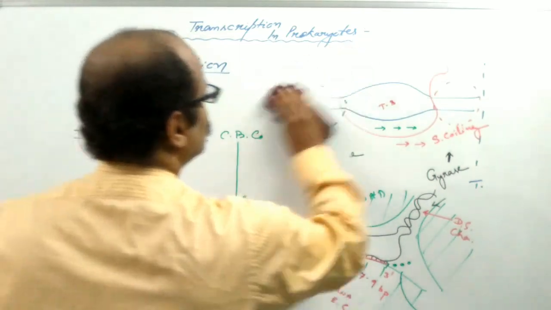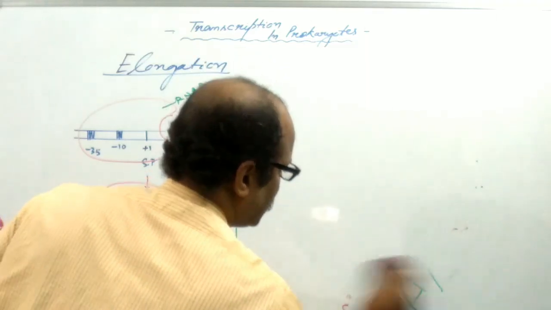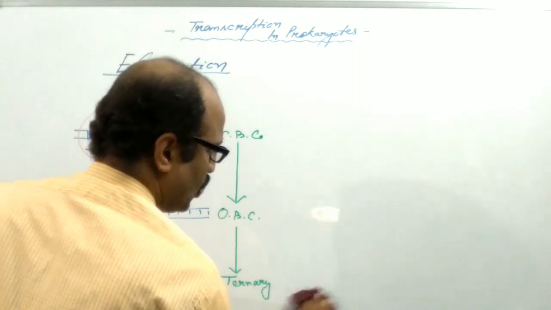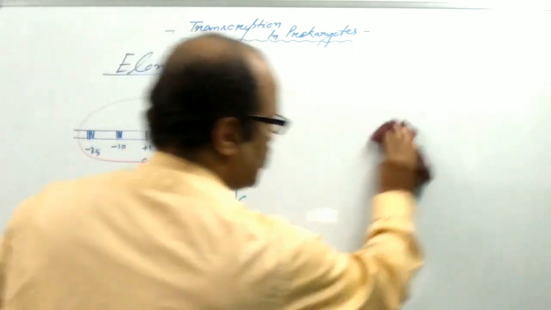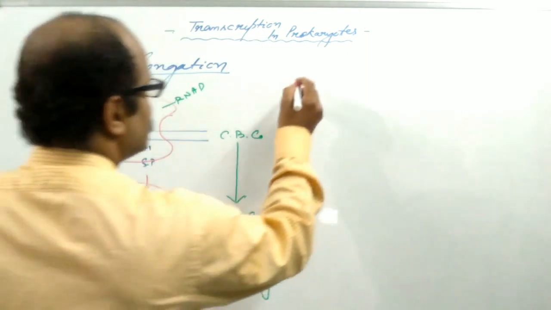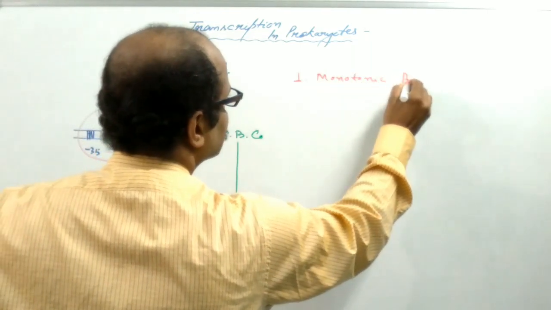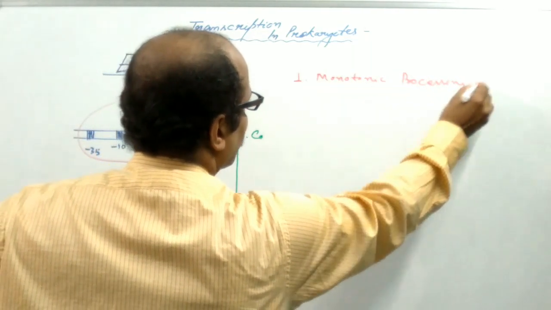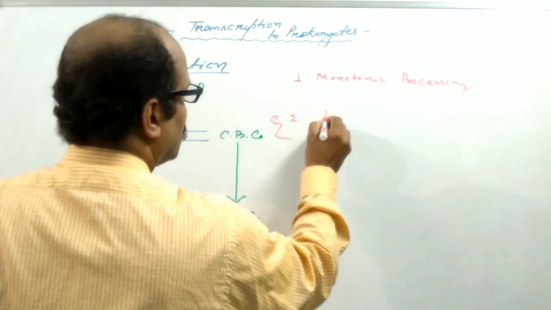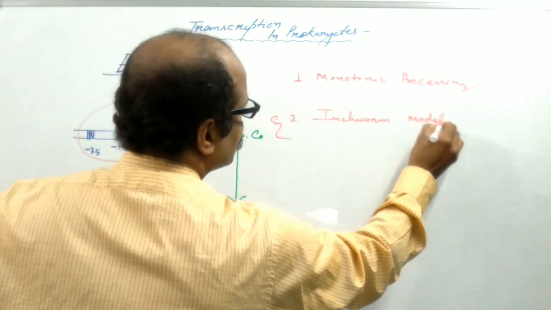To describe the process of translocation, there are two models which propose the translocation of RNA polymerase during the elongation process. What are these? First is the monotonic process of translocation, and another is the inchworm model of elongation.